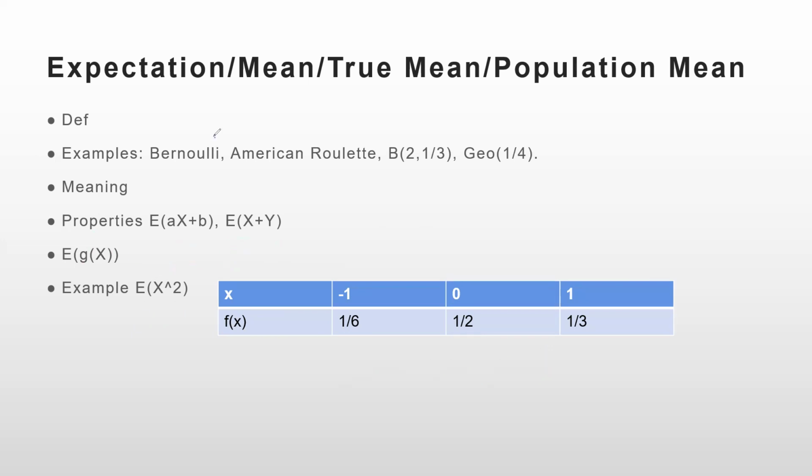All right, there's another concept I want to cover, which is the variance and the standard deviation. So the variance, suppose we have a random variable which has a PMF, little f of x. The variance of X is defined to be the expectation of X minus the mean, squared.